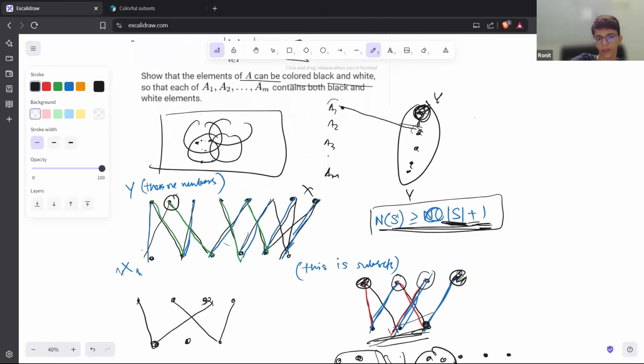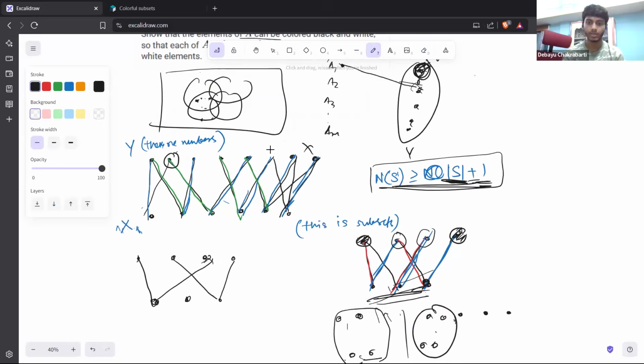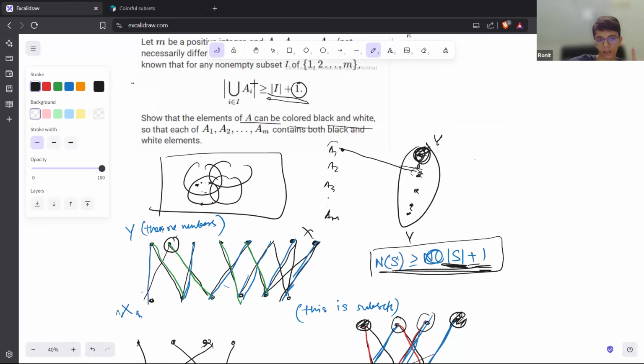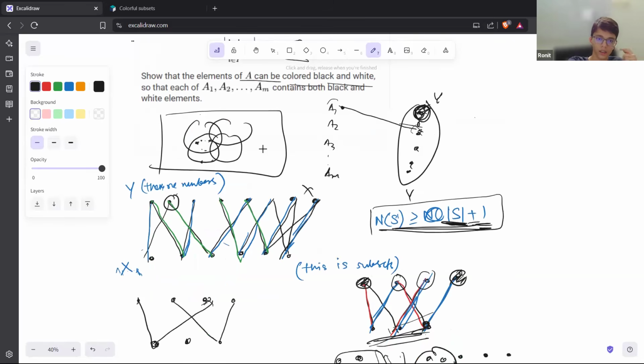Wait, is S in X or Y? We haven't defined anything to be an S. So is S in your description, Nishant, in X or in Y? I was thinking of S in X, unless I read it wrong.